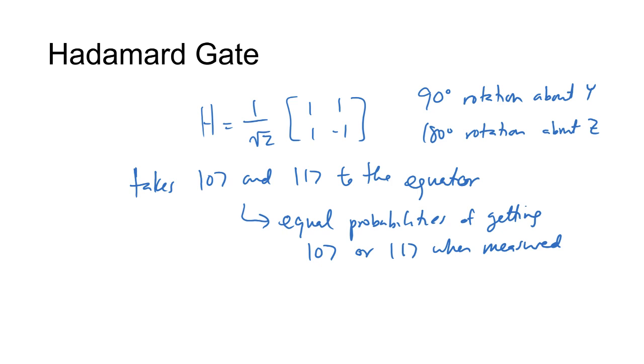All right. Let's talk about the Hadamard gate. The Hadamard gate is the thing that we use to put our qubit into a standard superposition. And it's equal to 1 over square root of 2 times the matrix (1, 1; 1, minus 1). So we're doing a 90-degree rotation about y, and a 180-degree rotation about z.